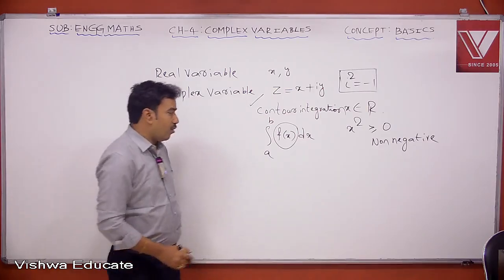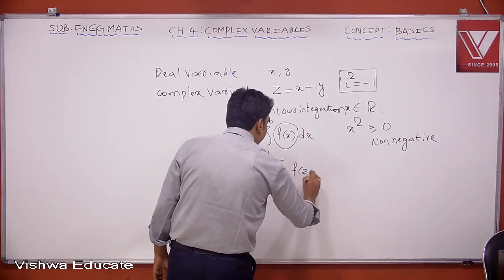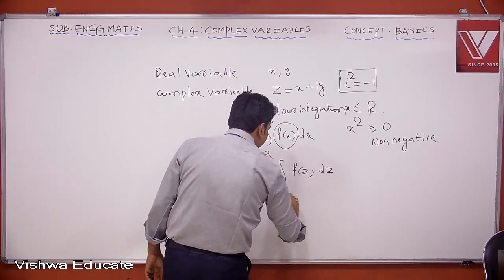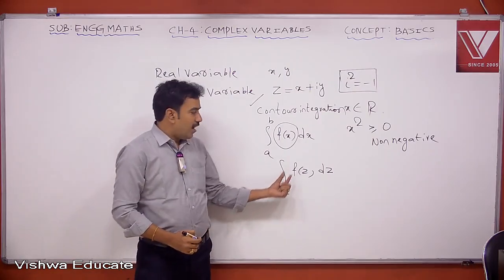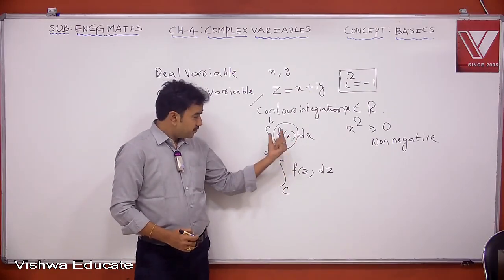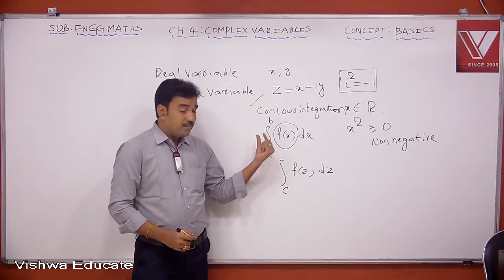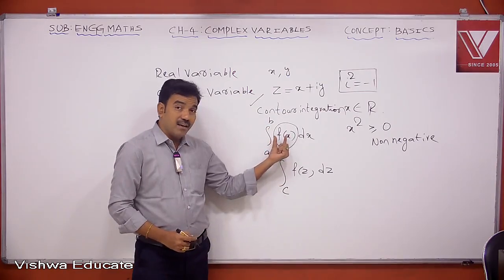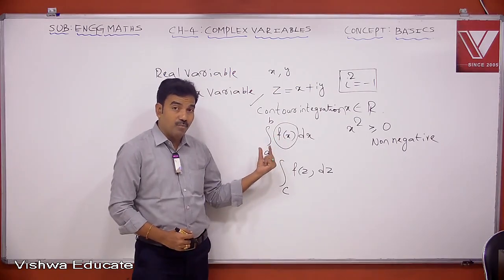Therefore, in case of complex variables, generally the integrals will be like this: integral f of z dz over c. Basically, c is a simple closed curve in the complex plane. In the real case, this is the area bounded by f of x between the lines x equal to a and x equal to b.